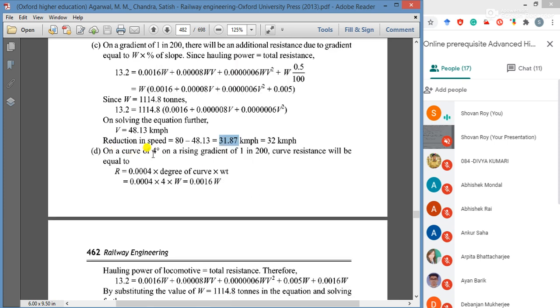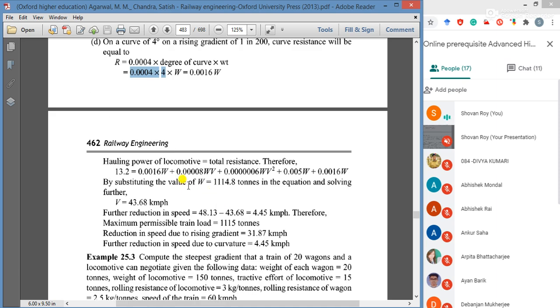On a curve of 4 degree on a rising gradient of 1 in 200, curve resistance will be R equals 0.0004 into degree of curve into W. This formula we have already seen. So 0.0004 into 4 into W gives 0.0016 W.